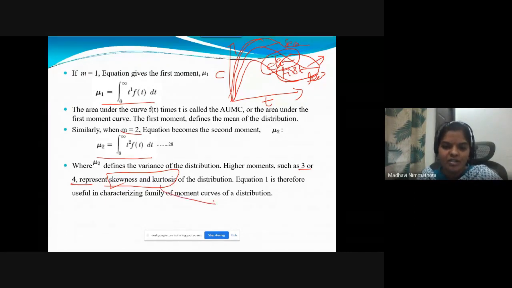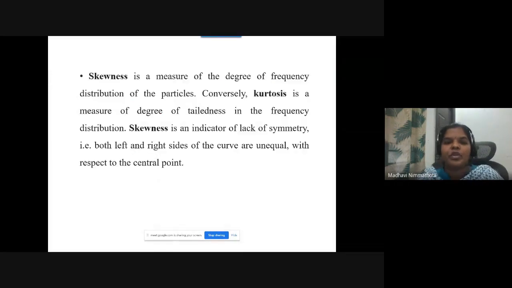Skewness and kurtosis, here two terms are there. You might have studied them under the probability topic of biostatistics. Skewness is a measure of the degree of frequency of distribution of the particles. And kurtosis is a measure of the degree of tailedness.